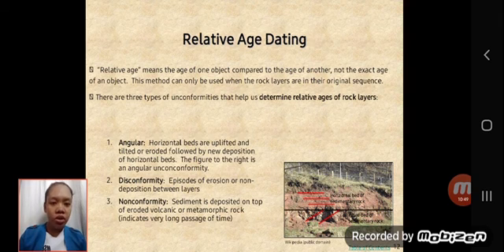A disconformity is episodes of erosion or non-deposition between layers, and a nonconformity is where sediment is deposited on top of eroded volcanic or metamorphic rock. It indicates a very long passage of time. Using the principles of original horizontality and superposition, we can conclude that the oldest rock is always on the bottom because it was deposited first.